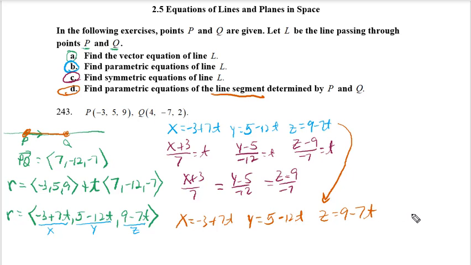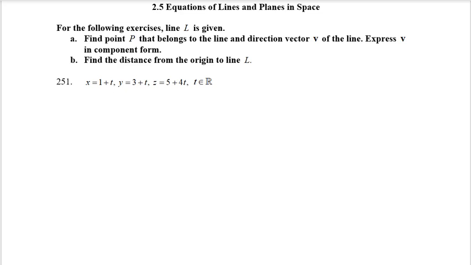Only the t values, because we have used PQ as our vector, the t values would just go from 0 to 1. So it's just like this, but we're restricting the t to be 0 to 1.